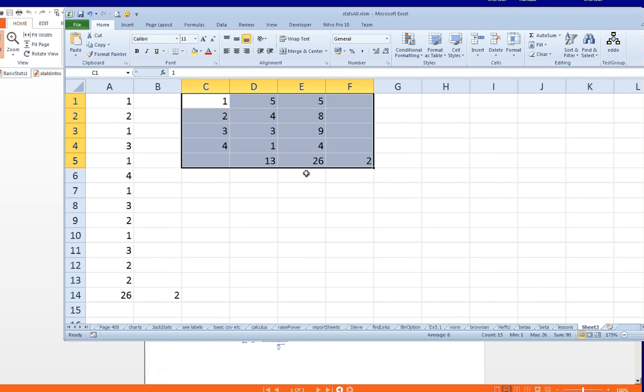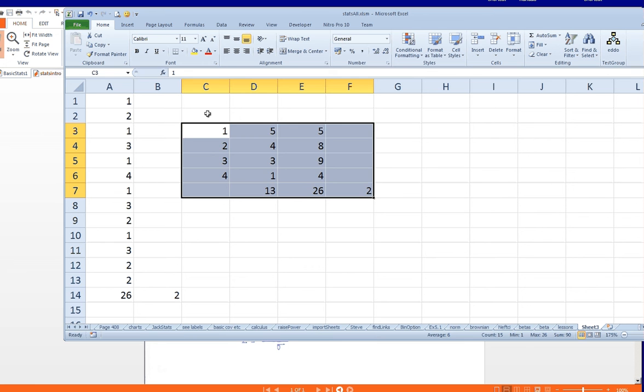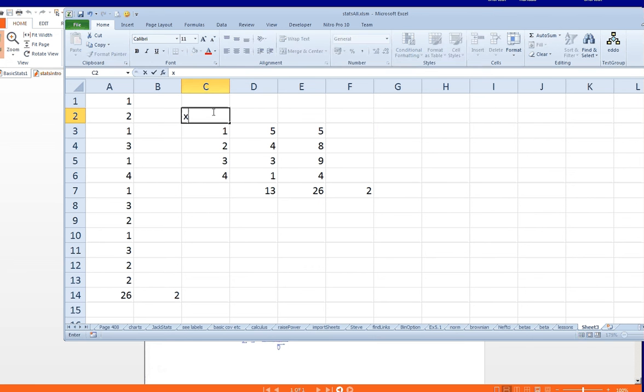So I'll just drag these down a bit so we can see what's going on, because these are our x values, and over here this is our f, the frequency, and then here we have f times x, which is multiplied together. And then I need to be careful how I type that in. Right, that's it.